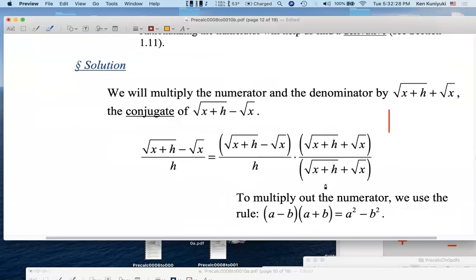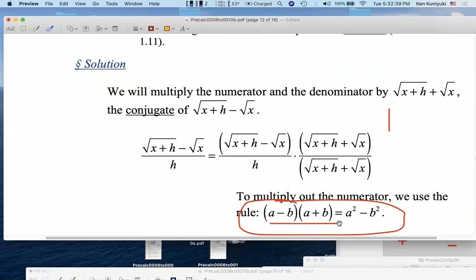We're using the following multiplication rule. Remember that if we multiply a minus b and a plus b, we end up with a squared minus b squared. If you don't believe me, FOIL this out. Or you might recognize the factoring rule that goes in reverse. This is the factorization of a difference of two nice squares, a squared minus b squared.